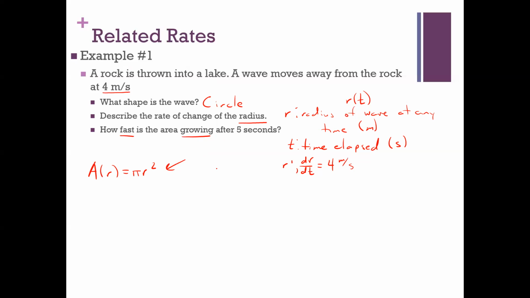Find the radius. But I am asking for, maybe it would help if we did this. I want to know how fast the area is growing after 5 seconds. So this is a rate, right?